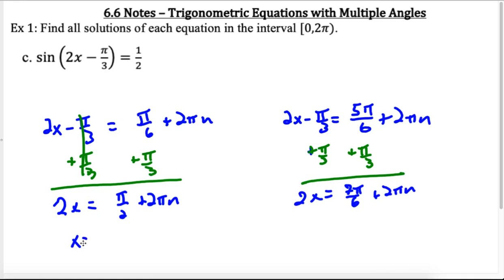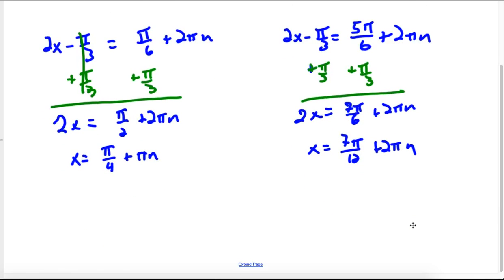So when I do that, I'll get pi over 4 plus pi n. Here, if I divide both sides by 2, I'll get 7 pi over 12 plus pi n. And now we just go through the process of plugging in values of n. So start with n equals -1.